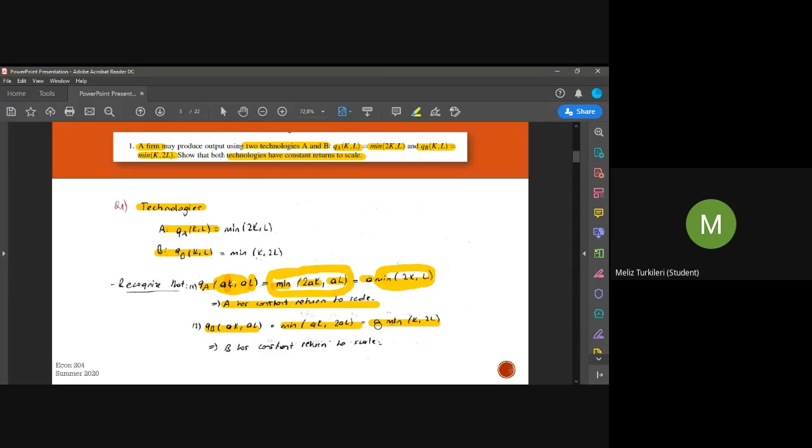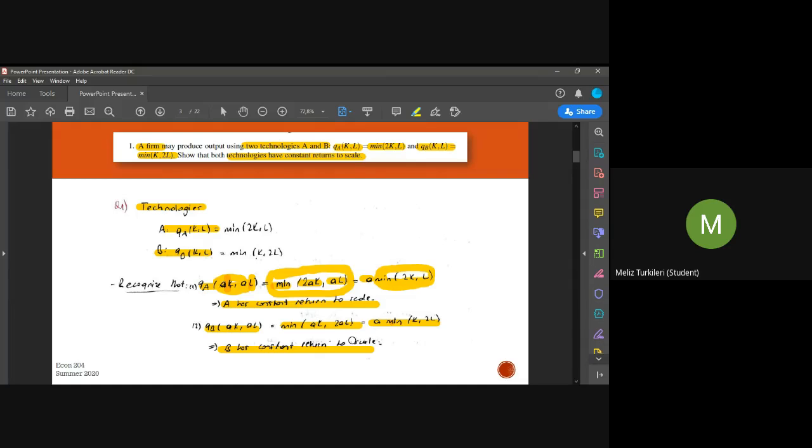So we again get the same idea. Therefore, B has constant return to scale. So that's the easy one. Just increase the inputs by a, and then observe the outputs, and then argue that these outputs will be the same as our initial output multiplied by the same constant a. Then this is constant return to scale.